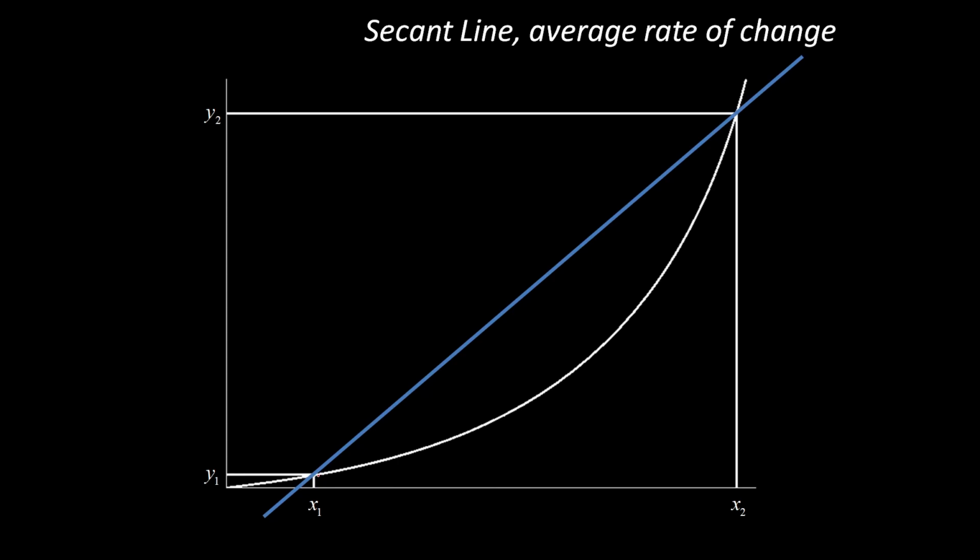So we can get, let's call this point A and point B. We can get to point A from point B by following the function. Or we can find the average and just follow the average to get to our destination. And so that's why this is sometimes called the average rate of change, the secant line.